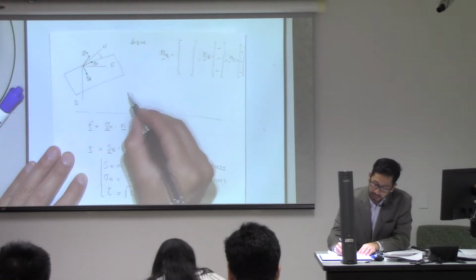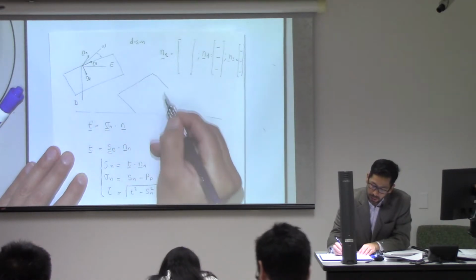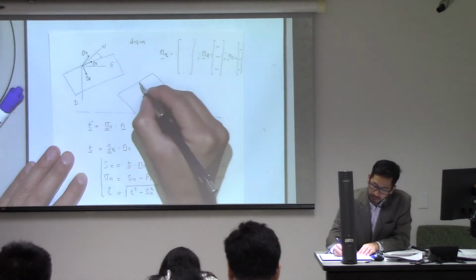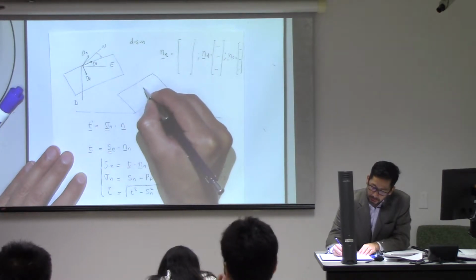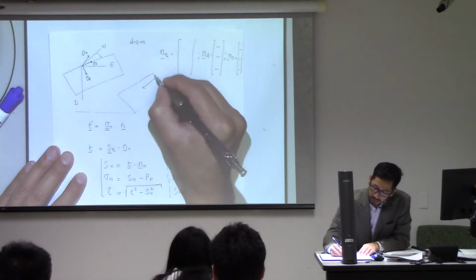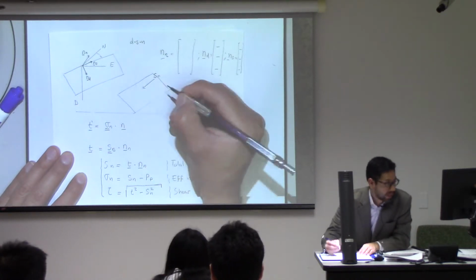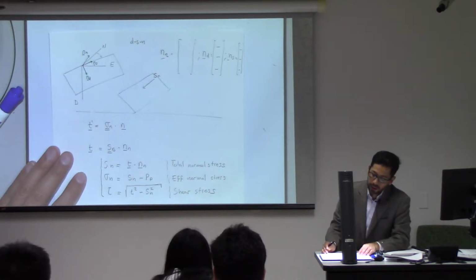On this same plane, if I draw the plane again, normal to that plane, I'm going to have Sn or sigma n, whichever you want to look at.